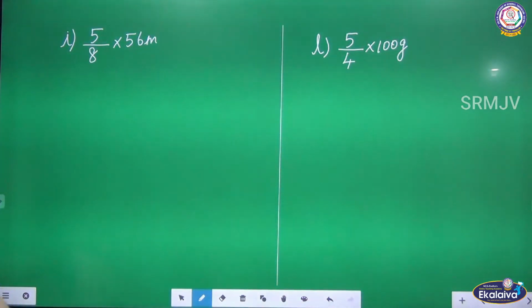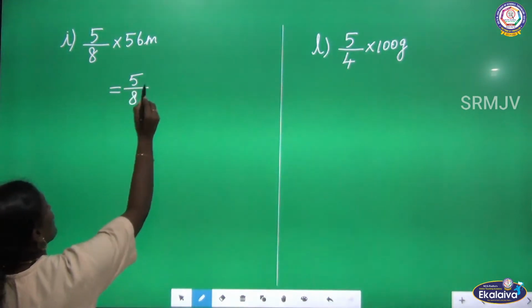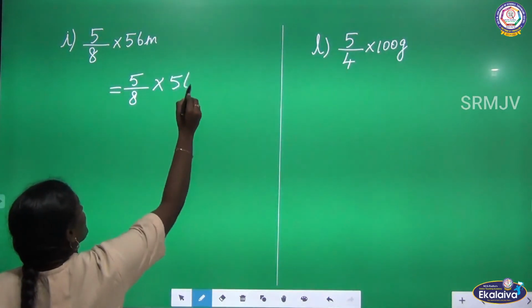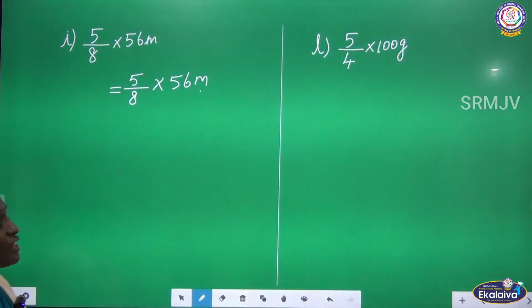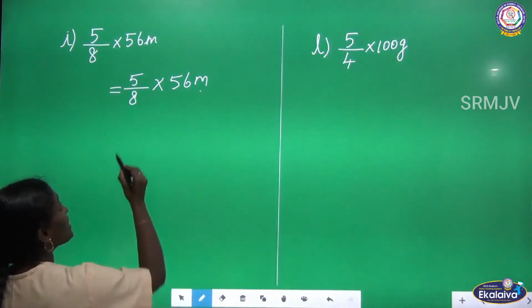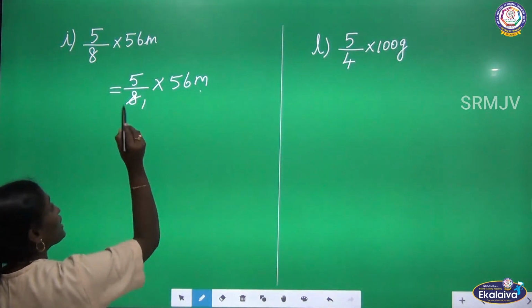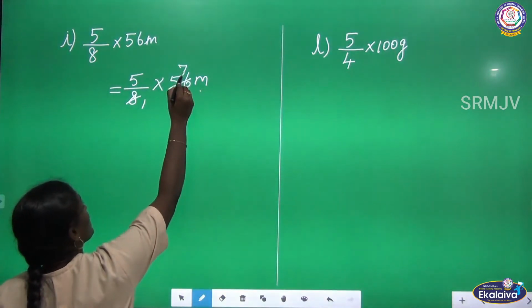See the next question. 5 by 8 into 56 meter. Here the unit also is given. 56 meter. Okay. Now can we reduce the numbers? Yes, we can reduce 8 and 56 in the 8 table. In the 8 table 1 time, in the 8 table 7 times 56.